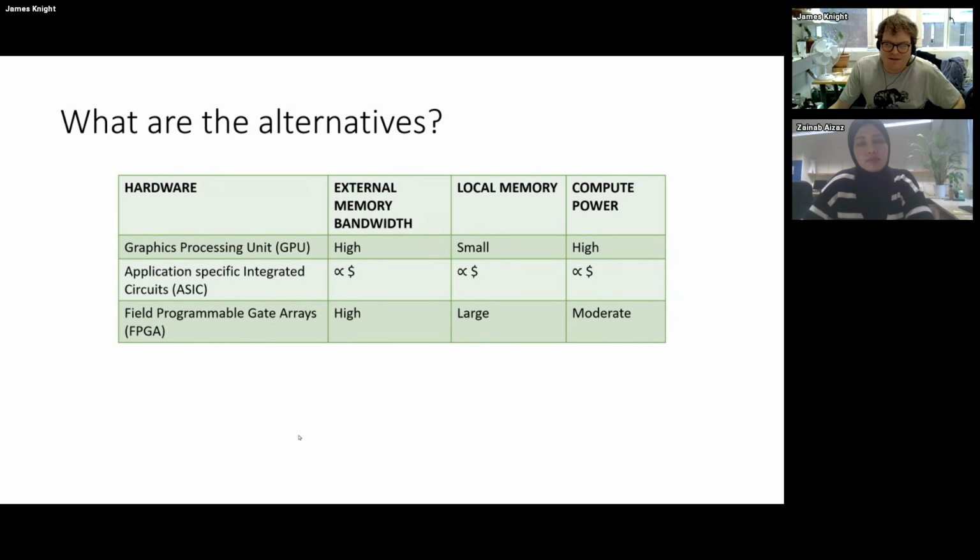And I think in this context, FPGAs are a really interesting idea because typical high-end FPGAs come with high-end memory controllers, so high bandwidth memory too. They come with large local memories, and they have a moderate amount of compute power. The reason they haven't been particularly popular in mainstream artificial neural networks is because they can't really compete with GPUs.